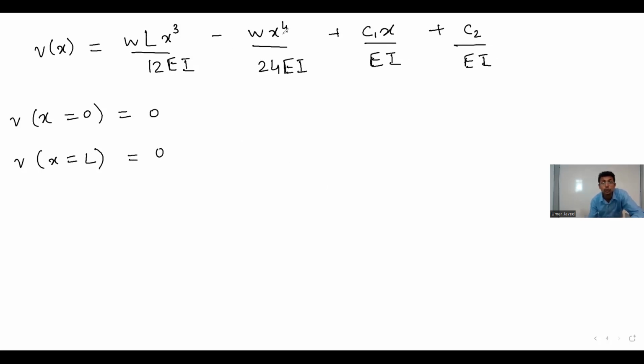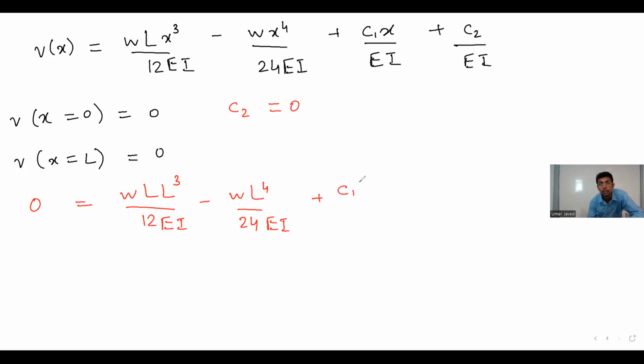When you put X equal to 0, C2 will be 0. And C1 will be, let's say at X equal to L, it is 0. It will be WL, L power 3 over 12 EI minus L power 4 over 24 EI plus C1 L over EI plus C2 over EI.